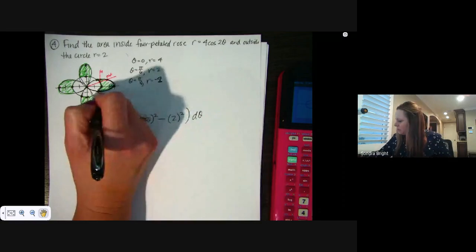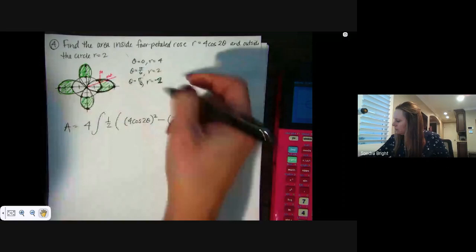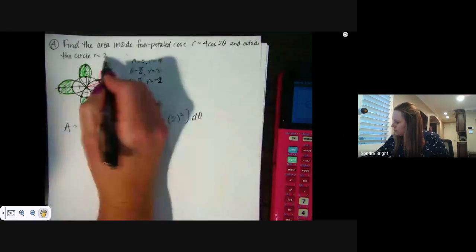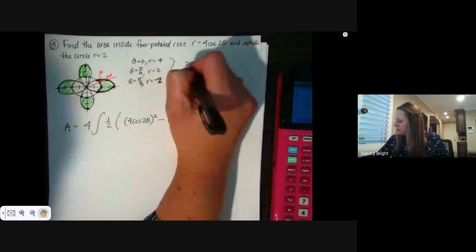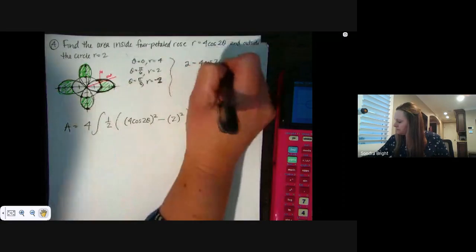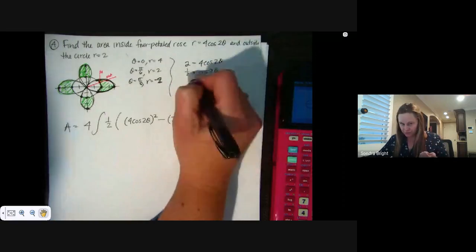All right, so I want to know their intersection points. So when these r's are equal, 2 is equal to 4 cosine of 2 theta is what I'm solving for. Dividing both sides by 4, cosine is 1/2 with a pi over 3 angle.